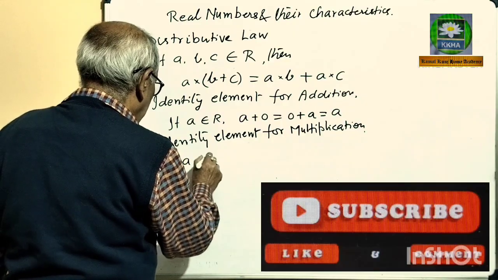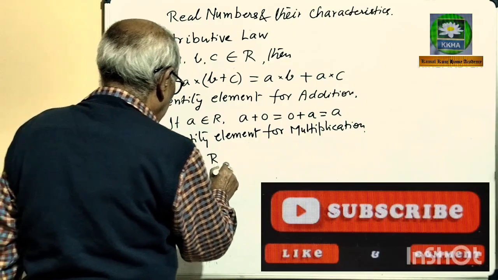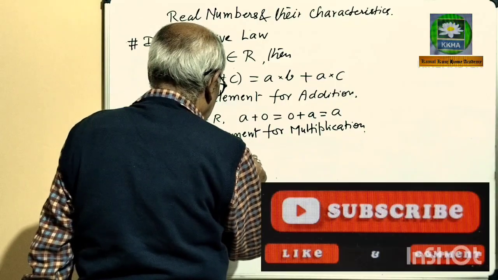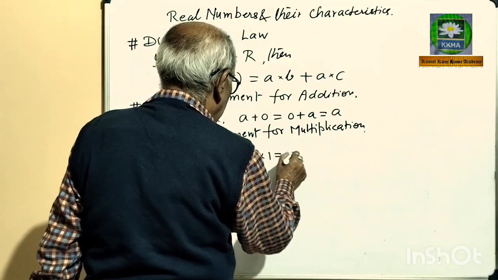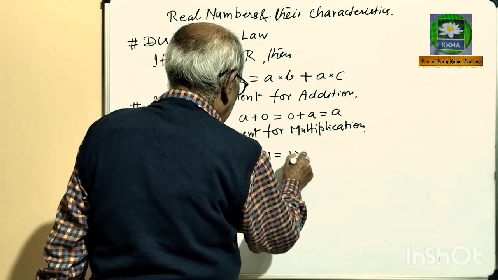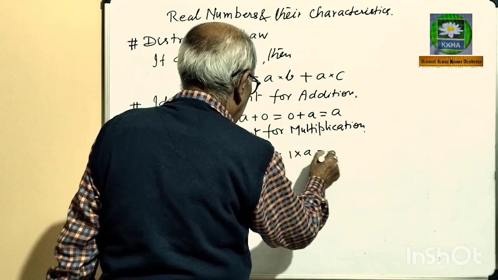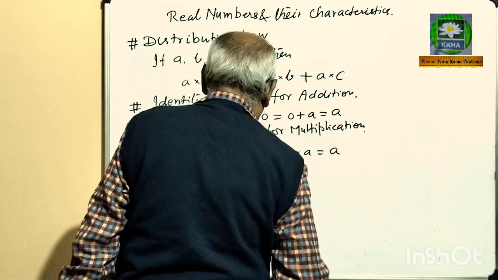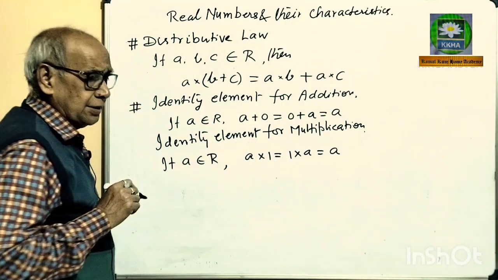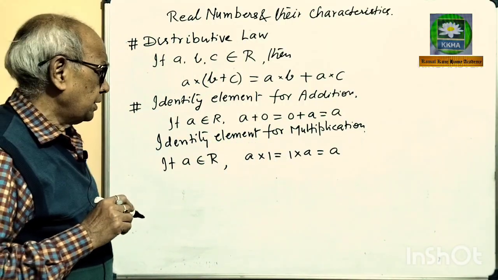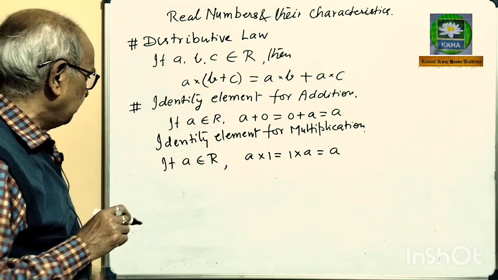If A belongs to R, any real number, then A multiplied by 1 is equal to 1 multiplied by A equal to A, the same number. So 1 is called identity element for multiplication of real numbers.